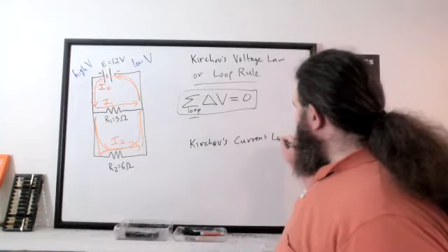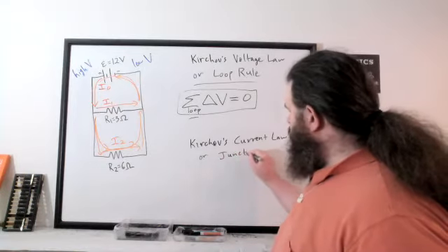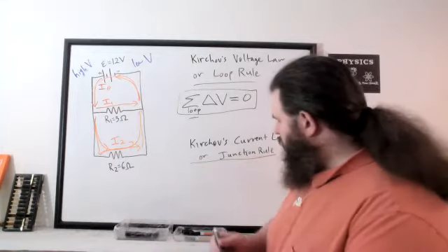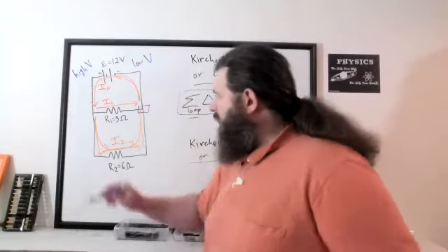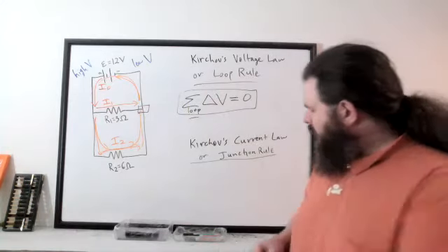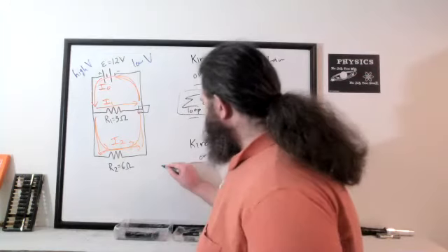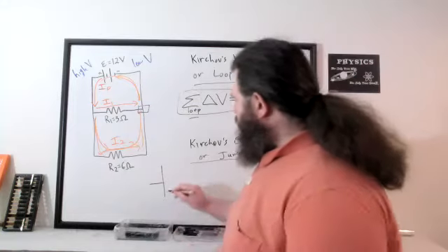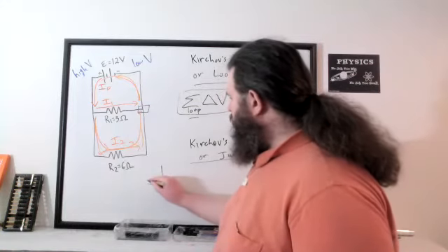The current law, or the junction rule, is talking about what's going on at a junction, at a point where several wires come together. For instance, here. What do we know? Like, for instance, it looks like here we zoom in on that. We've got current 2. We've got current 1.